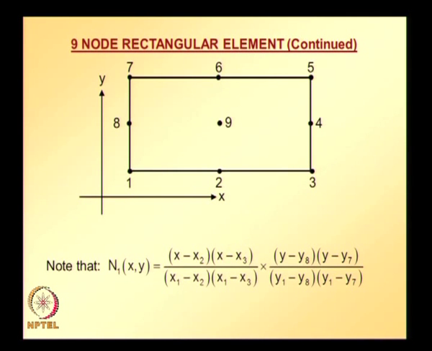And also it can be verified that N1 is going to be 0 along sides 3, 4, 5 and along sides 7, 6, 5. And along side 1, 2, 3 this expression is a quadratic function in x, and along side 1, 8, 7 it is a quadratic function of y.